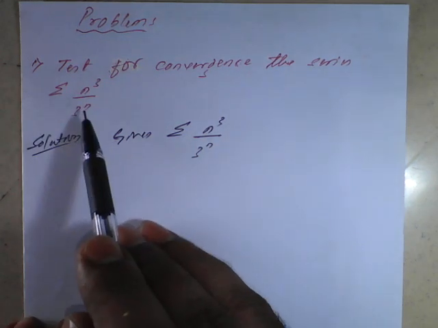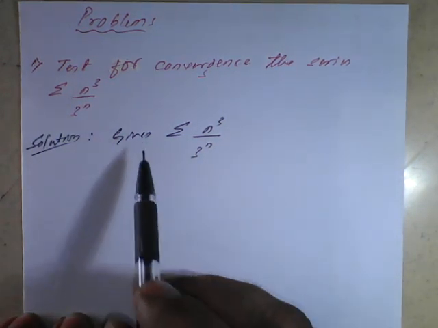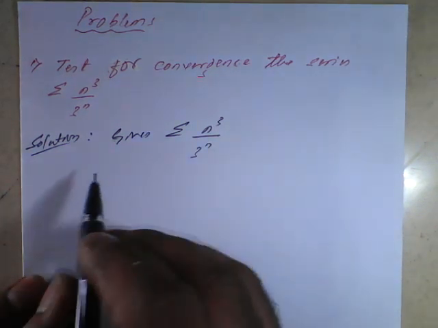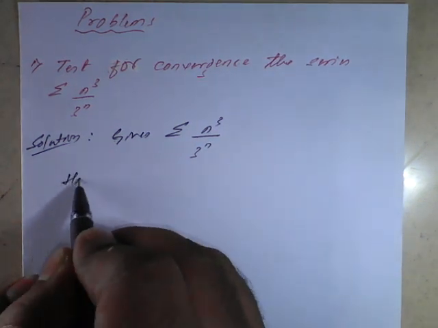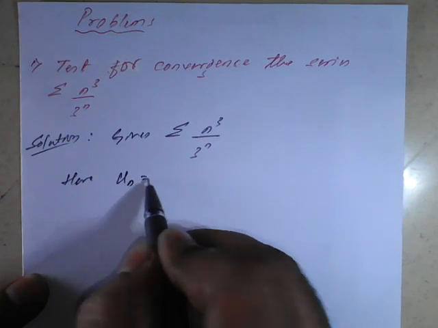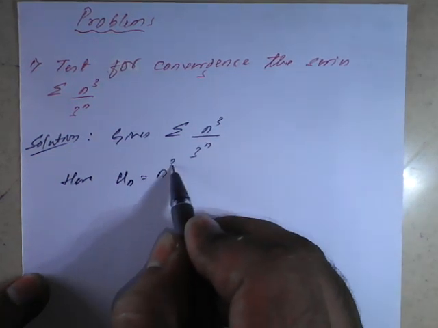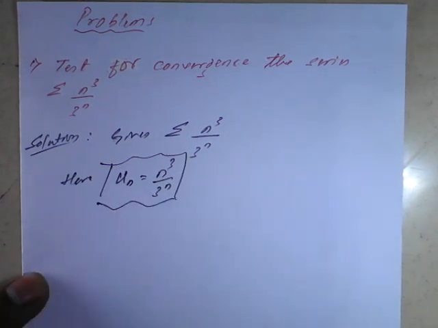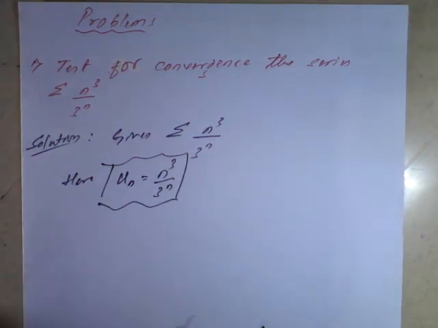They have already given the nth term, so there is no need to prepare the nth term. So here our un is n cube upon 3 raised to n.